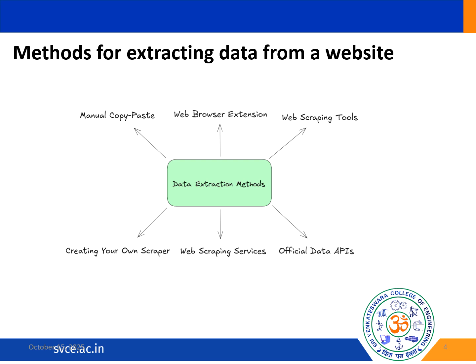Moving on to the next method, we use web browser extensions. Several web browser extensions can help you gather the data. These extensions can be installed in your web browser and allow you to select and extract specific data points from a website.